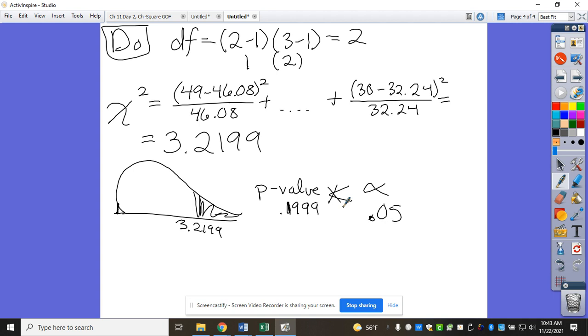Which is not less than alpha. So here we failed to reject the null hypothesis. Since the p-value is greater than alpha, we do not have enough convincing evidence for the alternative hypothesis. Questions with that one? Do I need to write that out?